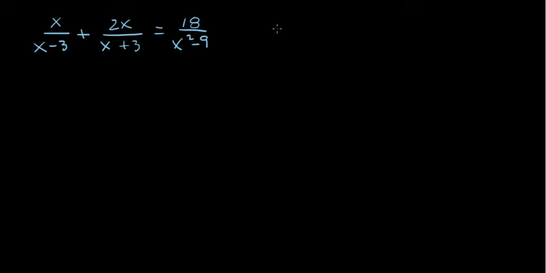Now, I'm going to make a note right now before we start doing anything. We're going to note our domain restrictions. You notice that x cannot equal 3 or negative 3 in any of these. So we're going to say first, x cannot equal 3 or negative 3. Those two are excluded values.